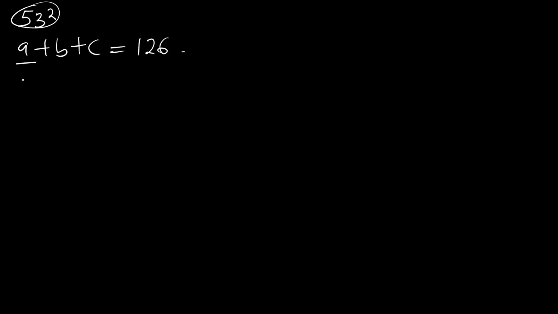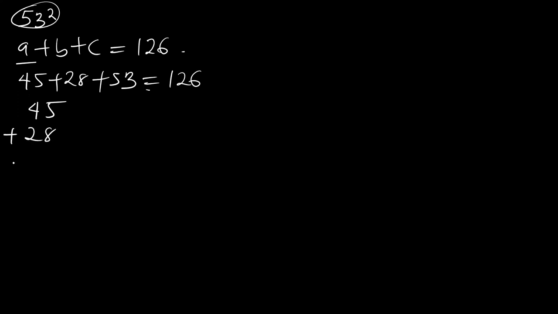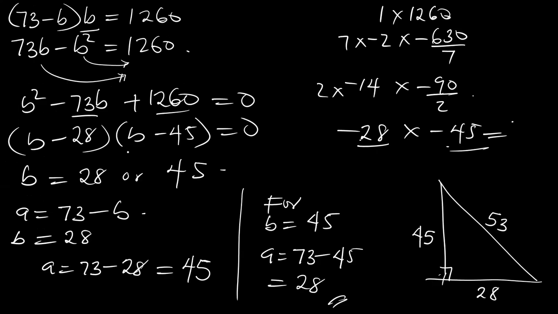So now here is 45 plus 28 plus 53. If we add them together, it should give us 126. But let's check. 45 plus 28 plus 53. This is 6, 7, 12. So it's correct. So we have verified it.